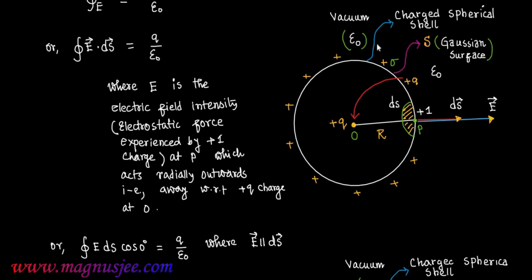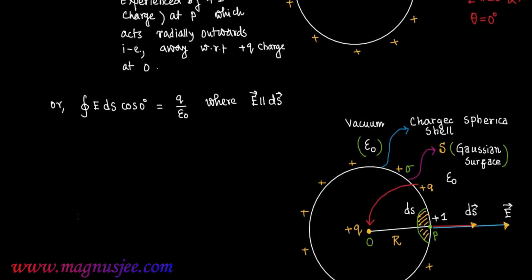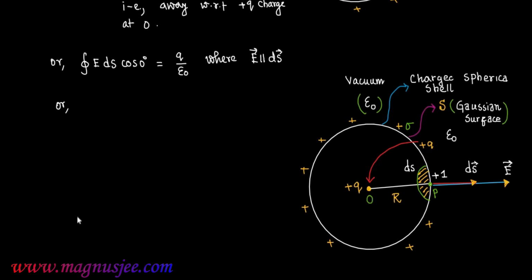That's why theta is equal to 0 degree. Here vector E is the electric field intensity which acts radially outwards, and elementary area vector ds also acts radially outwards. That's why vector E is parallel to vector ds, and theta is equal to 0 degree.